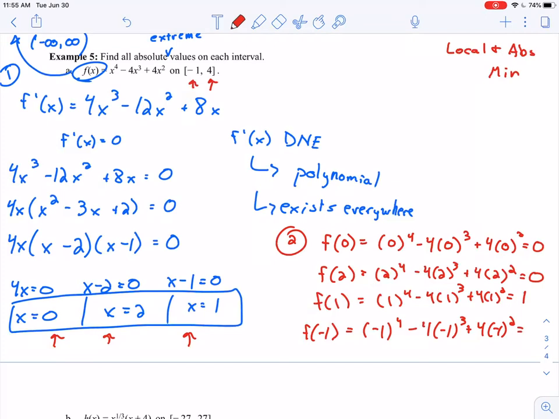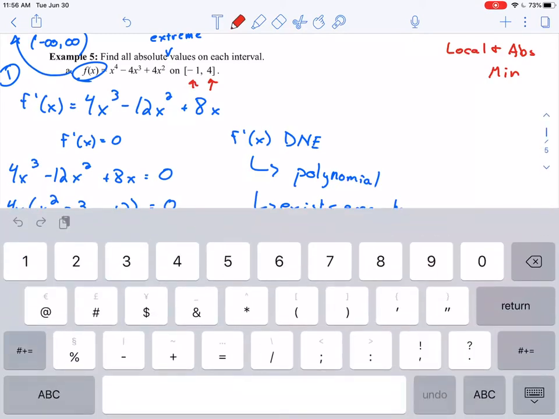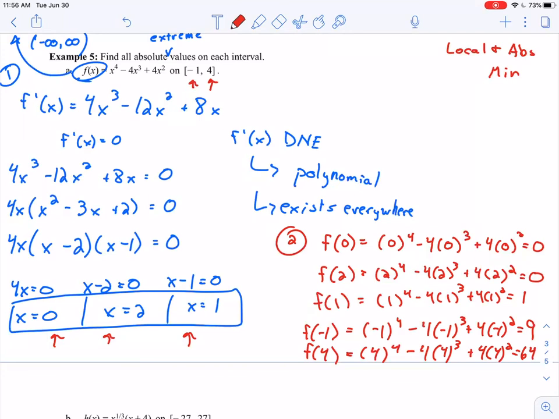Here in this case, I end up with a +9. And then I'll do the same thing with 4 here. So f of 4, this is 4 to the 4th power minus 4 times 4 to the 3rd plus 4 times 4 squared. So if I plug 4 in here, this time I get 64.